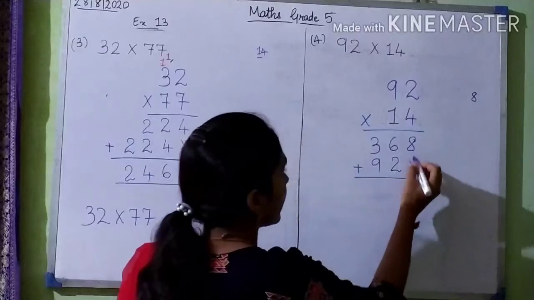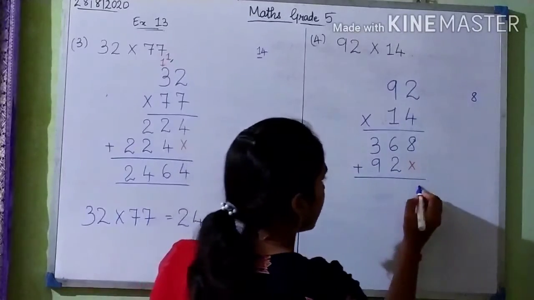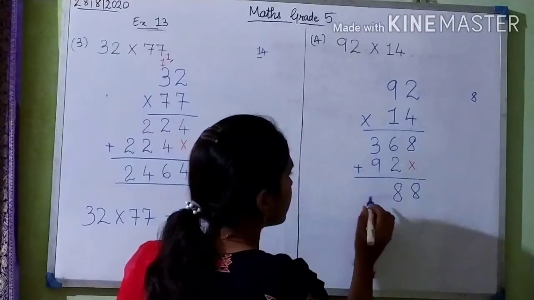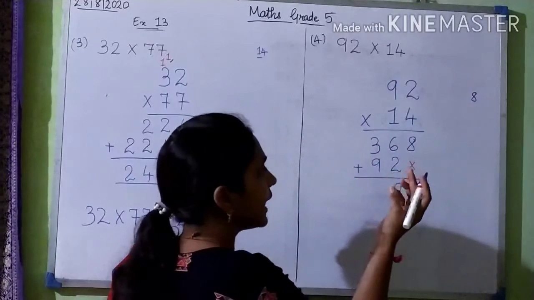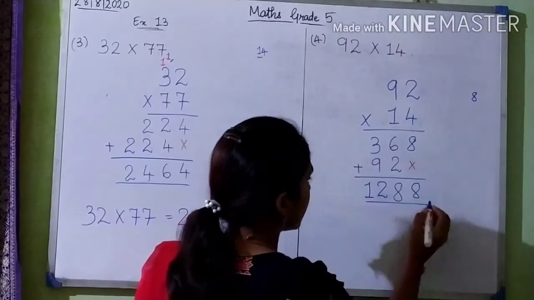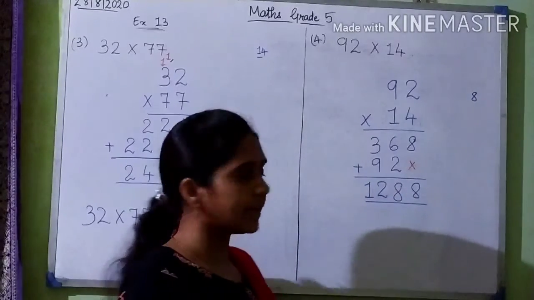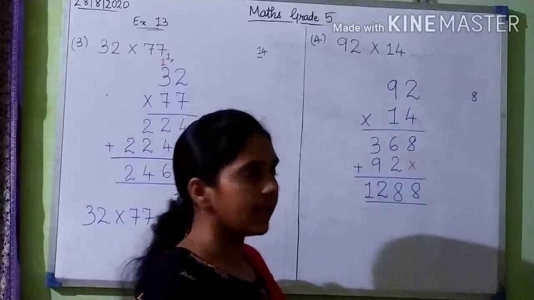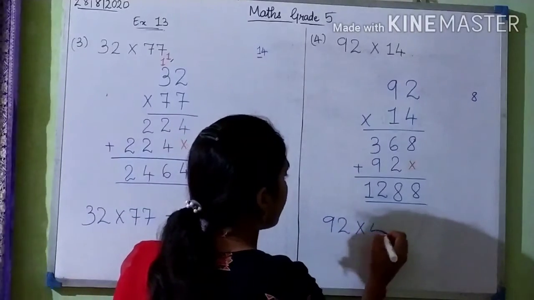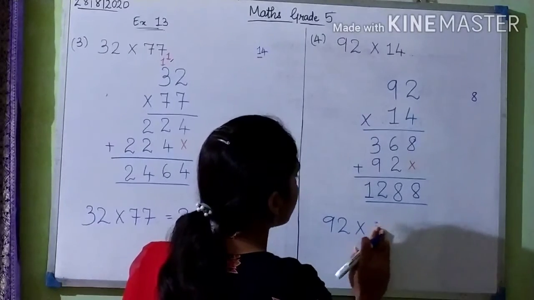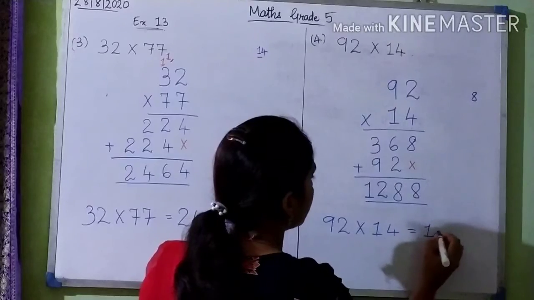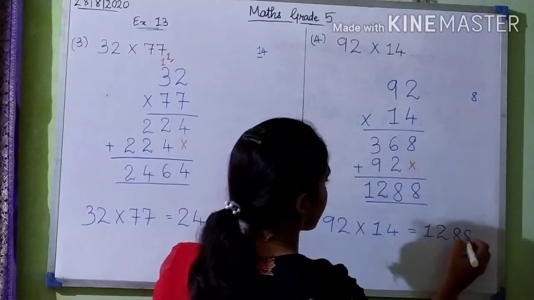So 8 plus 0 is 8 and 6 plus 2 is 8. 9 plus 3 is 12. So I get 1288. So 92 multiplied by 14 is equal to 1288.